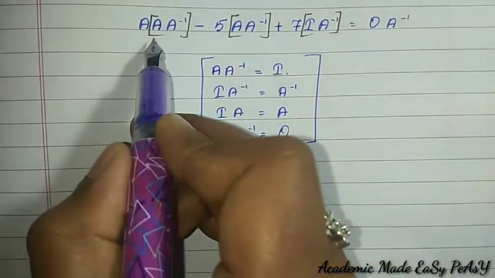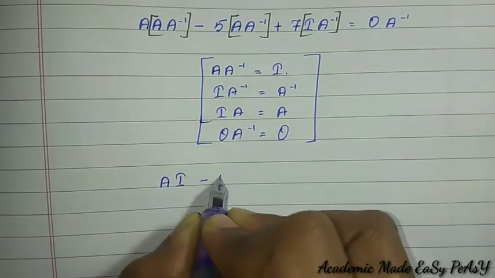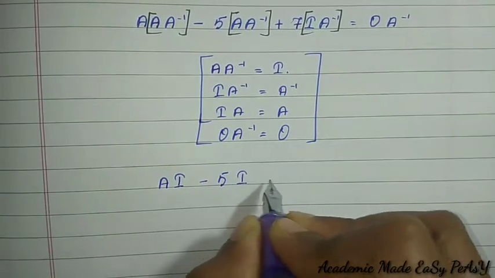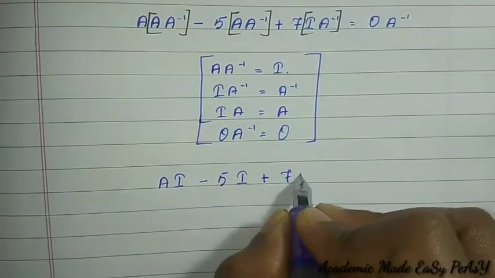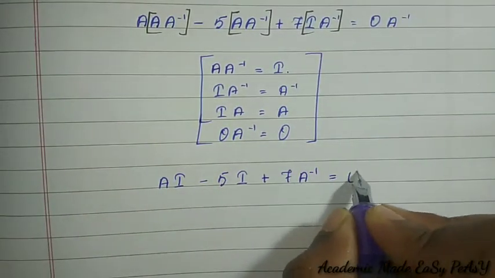Okay, so here A into A inverse is I, no. So A I minus 5 into A inverse is I plus 7 into I into A inverse is A inverse only is equal to 0 into A inverse is 0.